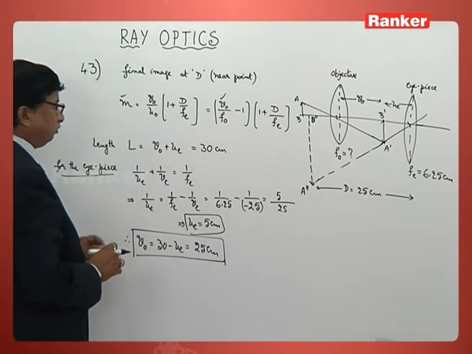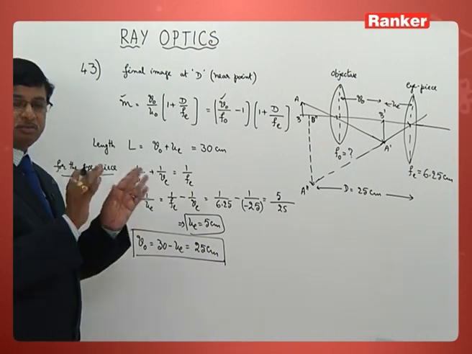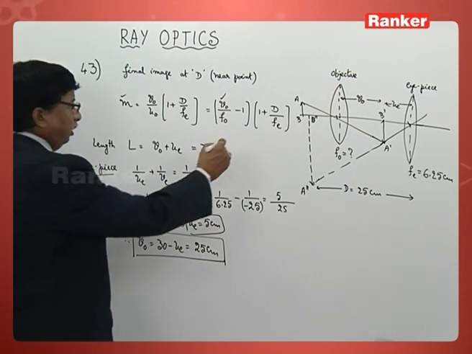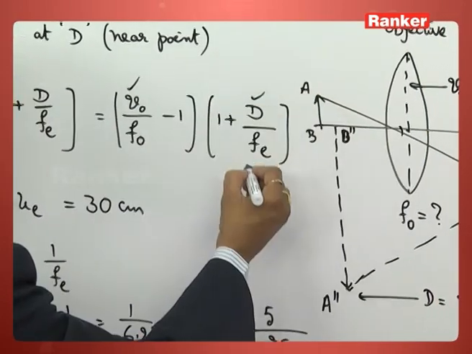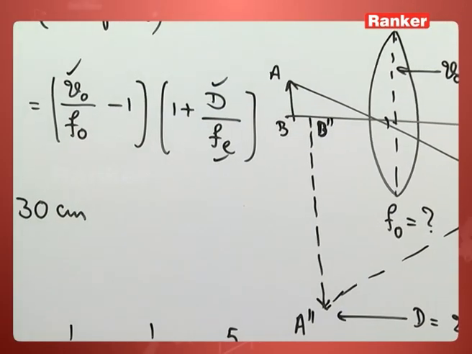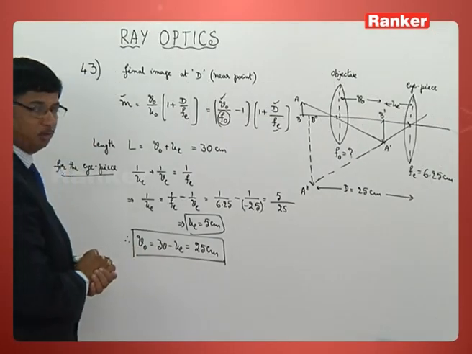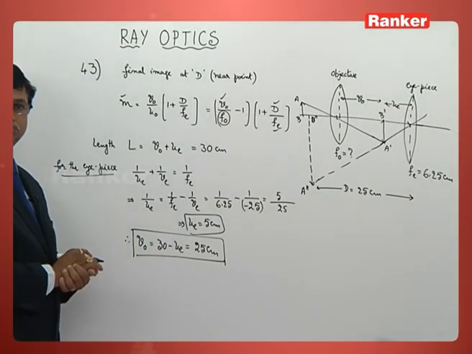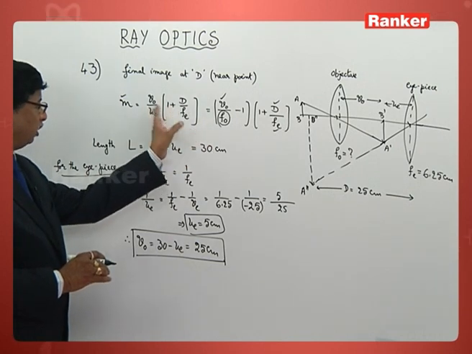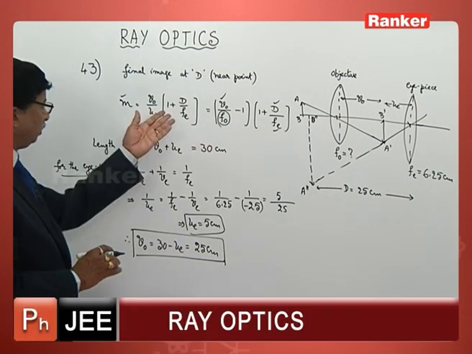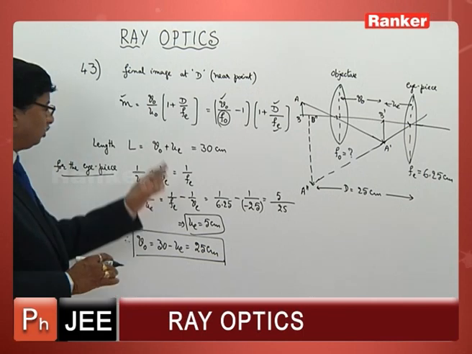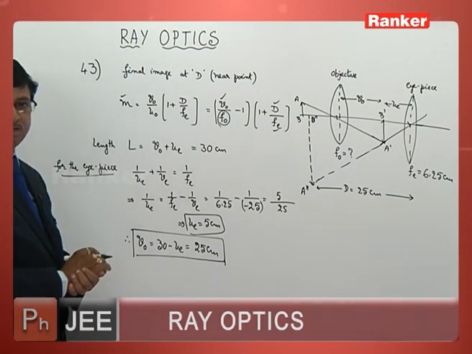Magnification he has given as 20. D is 25 centimeter, FE is 6.25 centimeter, we know. The only value not known to us is FO, the focal length of the objective. Only that he is asking you to calculate.